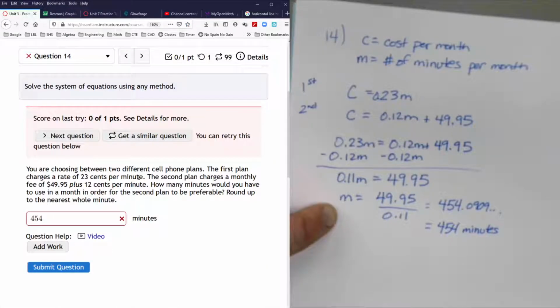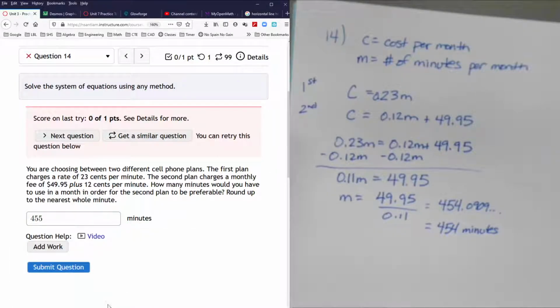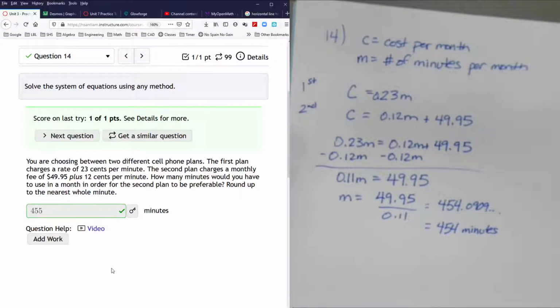Let's try this again. 23 cents a minute. Second plan to be preferable. Oh, you'd have to use more than 454 minutes. So it'd be 455 minutes that we would need for the second plan to be preferable. There we go. Okay, so the math was right. It's the interpretation of the question that I had a little bit off.